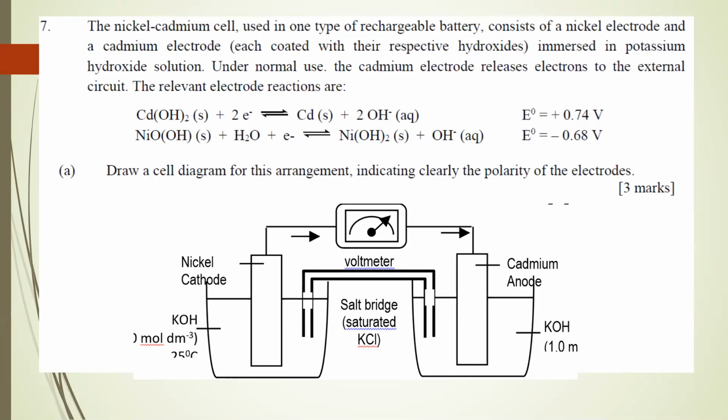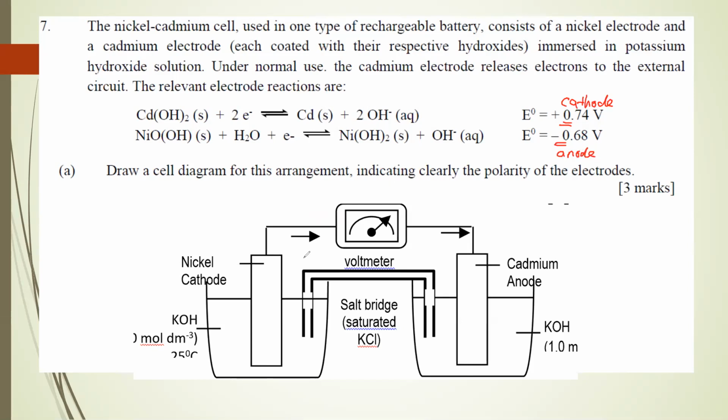You have to reverse the second equation so that you can get a redox reaction. For the flow of electrons, very obviously cadmium is positive, so the positive indicates that it will act as the cathode of the cell. The negative of the nickel indicates that it will act as the anode of the cell.